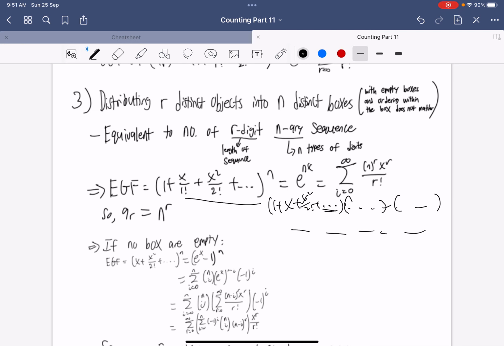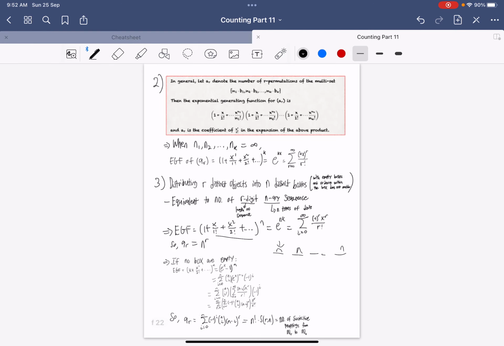And because they can be repeated infinitely many times, it's essentially e to the power nx. And so the coefficient is n to the power r, which is exactly the same as in our combinatorics proof: if we have r digits, our first digit can have n options all the way to the rth digit. So it's n to the power r.